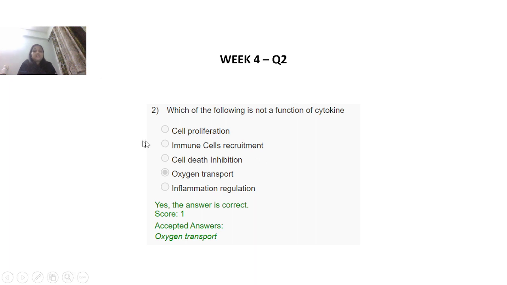So it is a function of cytokine. It induces cell proliferation, recruits immune cells, inhibits cell death, and helps in inflammation. But oxygen transport is not a function of cytokine. So oxygen transport is the correct answer for this question.